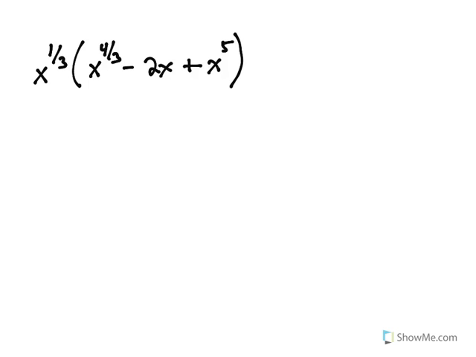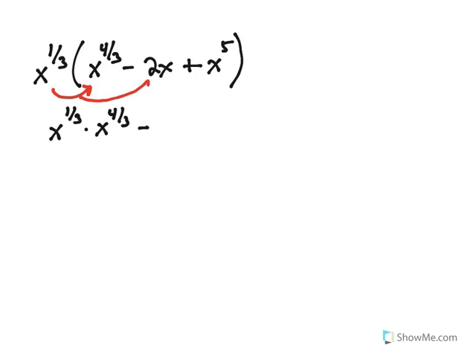All right, let's do another example. And we're going to do the distributive property here. So when we do that, that's going to be x to the 1/3 times x to the 4/3. Then we have minus.